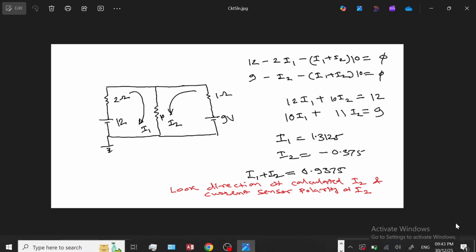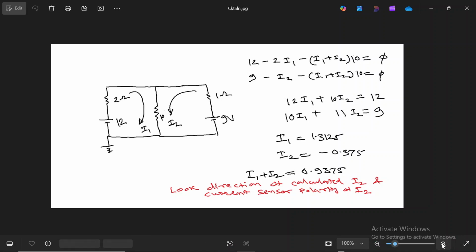This is the correct model, having the internal resistance. This 12 volt battery has 2 ohm internal resistance, and this 9 volt battery has 1 ohm internal resistance. Now we can write the equations correctly.